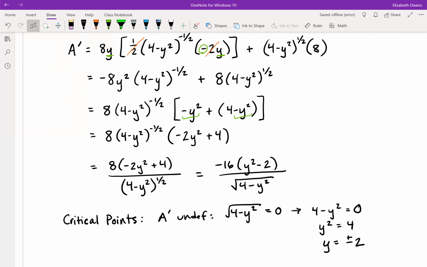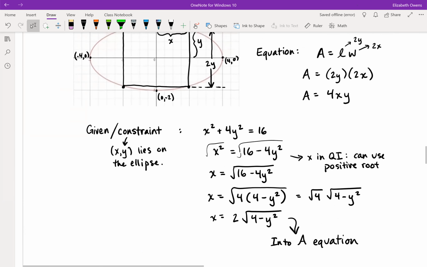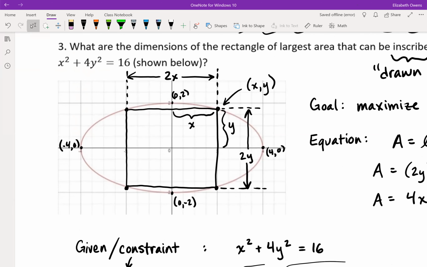Those are kind of interesting points though, because take a look back at our picture real quick. In the y direction, notice how the farthest our ellipse goes is to plus or minus 2.